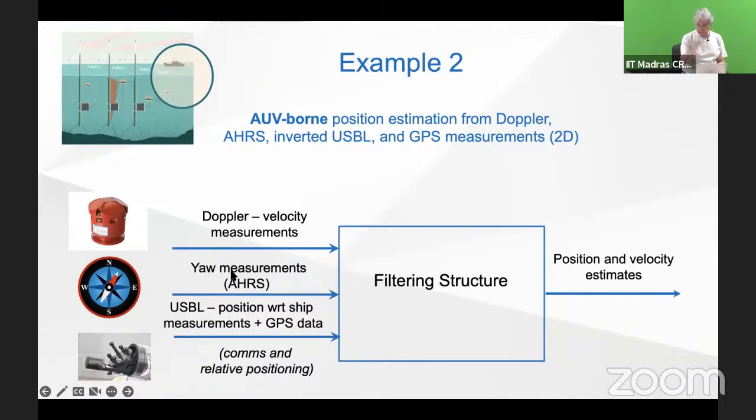You can measure your angle. And you may have information about your absolute position, because the ship sends to you the absolute position. Using the ultrashort baseline, you have the relative position, and you can compute your own absolute position.